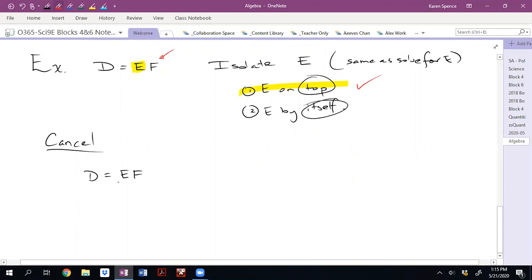So we actually need to divide by F here in order to cancel F so it's not cluttering up the E anymore.